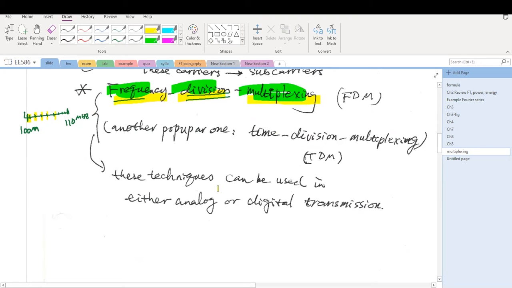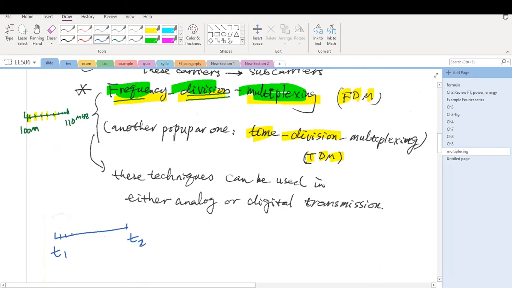The other multiplexing technique is time division multiplexing, or TDM. We separate the time into small portions. At each portion of the time, we transmit one user, say from T1 to T2.